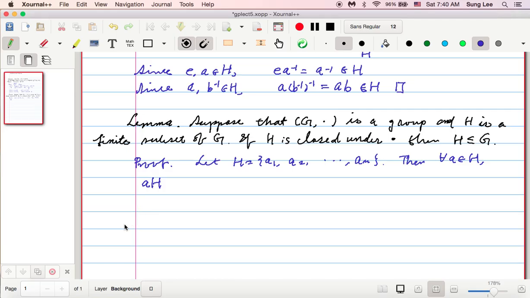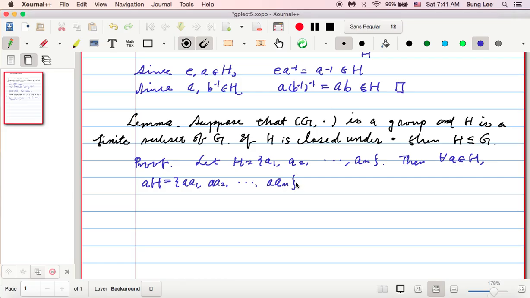So that's left coset, right coset. Later, we are going to call them left coset of H by A, and also right coset of H by A. But that's not important right now. What this means is, as you might have guessed already, that it equals A times A1, A times A2, up to A times A sub n.